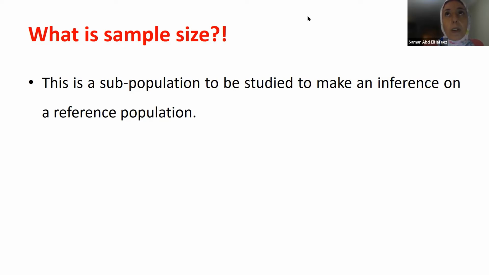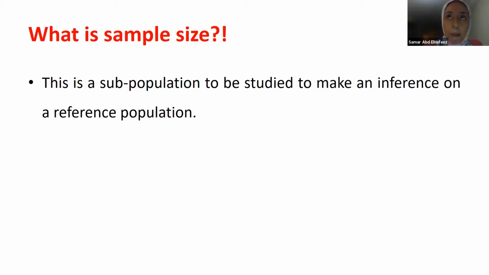Let's assume that I want to estimate the prevalence of COVID-19 among the Egyptian population. It's impossible to include all the Egyptian population unless I have a registry. I need to have a representative sample, so take care of the word representative, of the Egyptian population to do my study on it, to calculate the prevalence of the COVID infection.